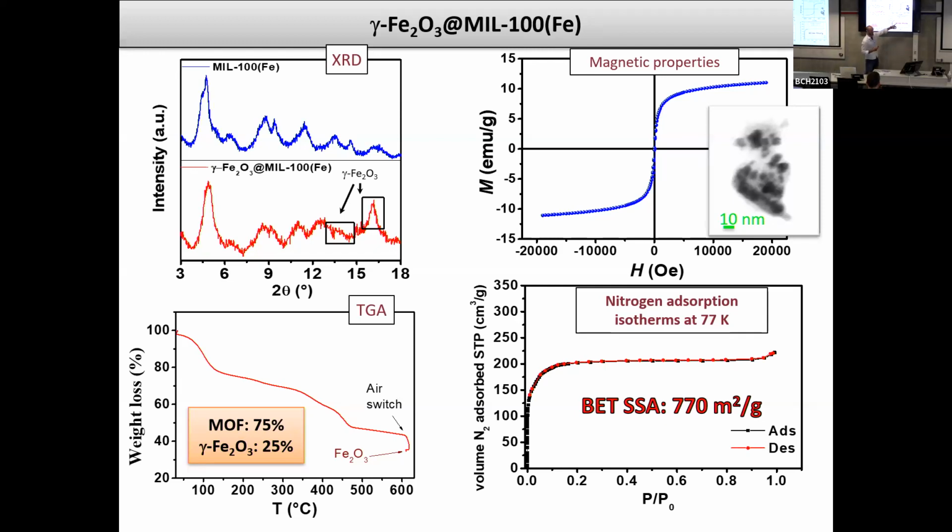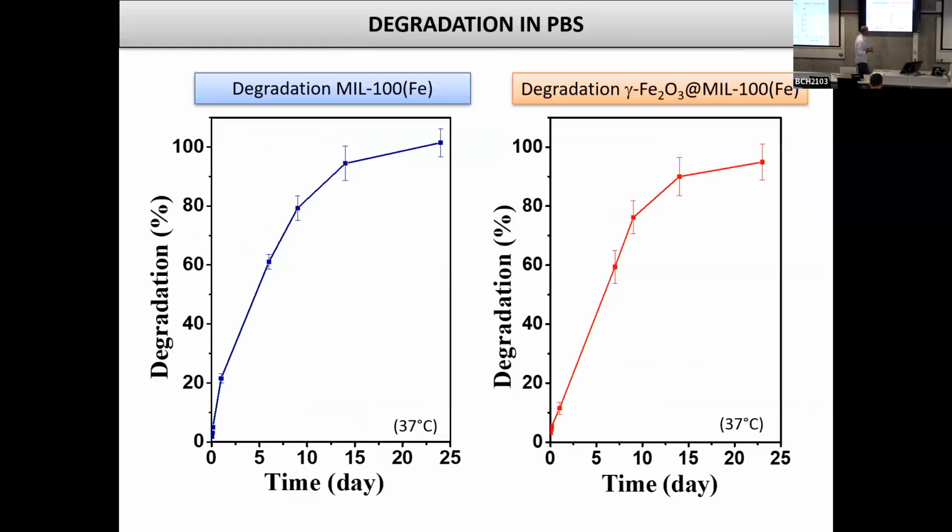On the other side, we observed a reduced surface area due to the reduced amount of MOF, because magnetic nanoparticles are a non-porous system, and also a reduction of magnetization of the system, because part of the material analyzed in this experiment is the paramagnetic MOF.